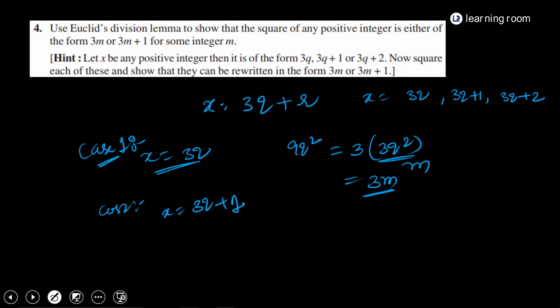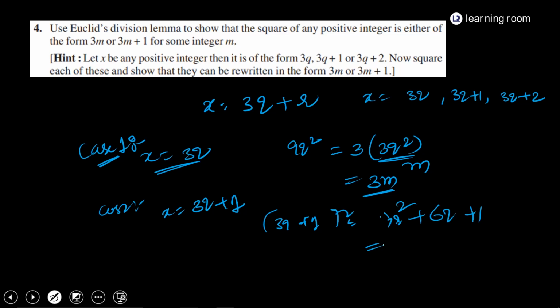A plus b whole square formula. What is the a plus b whole square formula? So what is it now, 3q plus 1 whole square? Tarun? Yes, sir. 9q square plus 6q plus 1.